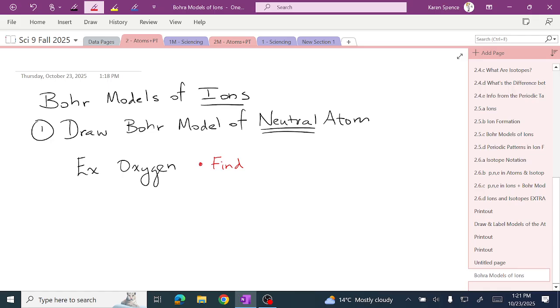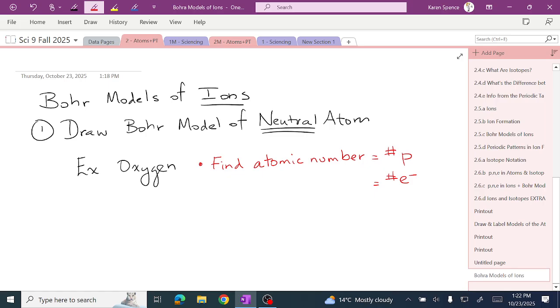Okay, Sophia, what would we need to find? We would need to find the atomic number. Okay, because that will give us the number of protons, and it will give us the number of electrons. So what is the atomic number for oxygen?